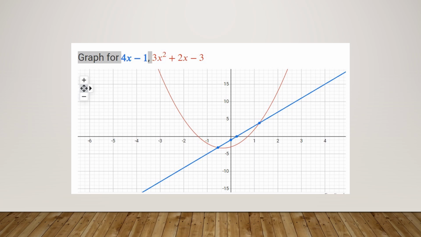So let us write the format of the linear equation, which is usually in the form y is equal to mx plus c, where c represents the y-intercept, or where the line cuts the y-axis, and m represents the slope or the gradient of the line.